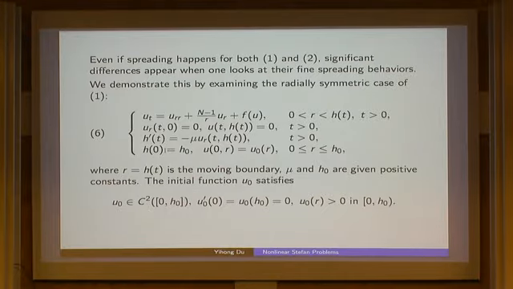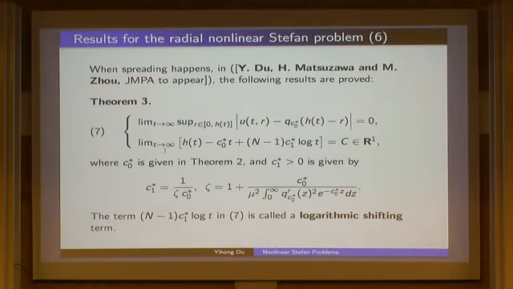In such a case, we can show that the free boundary is now described by the radius of the sphere. The free boundary is always a sphere because we are in the reduced symmetric case, so you just want to understand the change of the radius of the sphere.